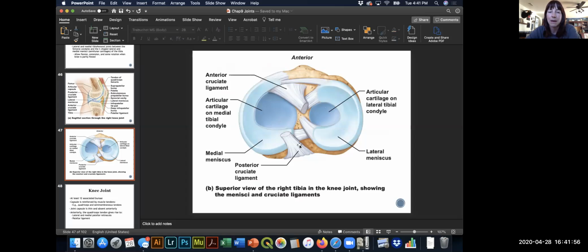That's why they're intracapsular. These menisci are also an important aspect of the knee joint because they basically just add padding to where the condyles of the femur interact with the top of the tibia here, here, and here.